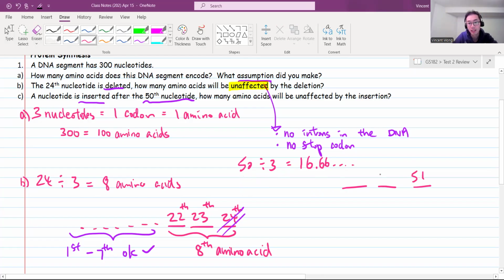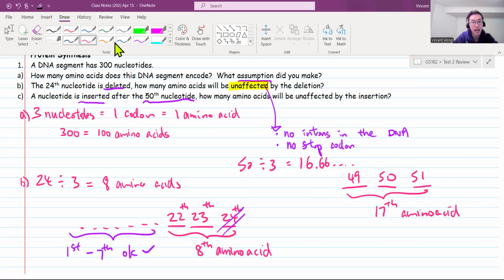So 49, 50, 51 would be the 17th amino acid. If you insert something after the 50th, then the 17th is going to be messed up, and amino acids 1 to 16 would be okay.